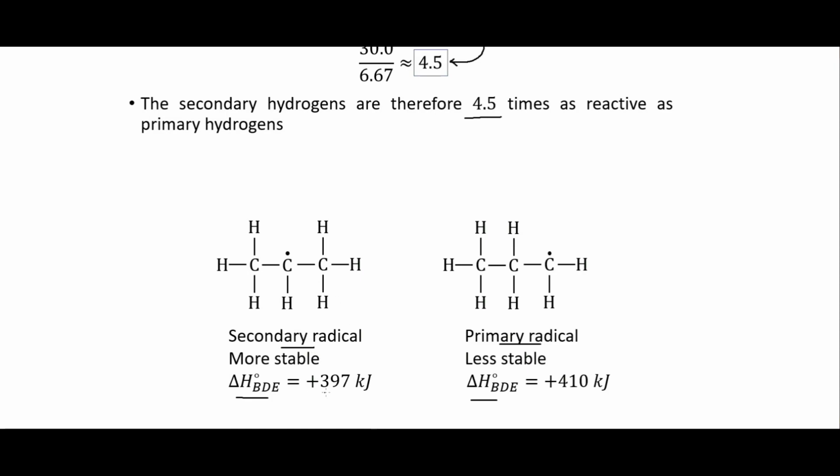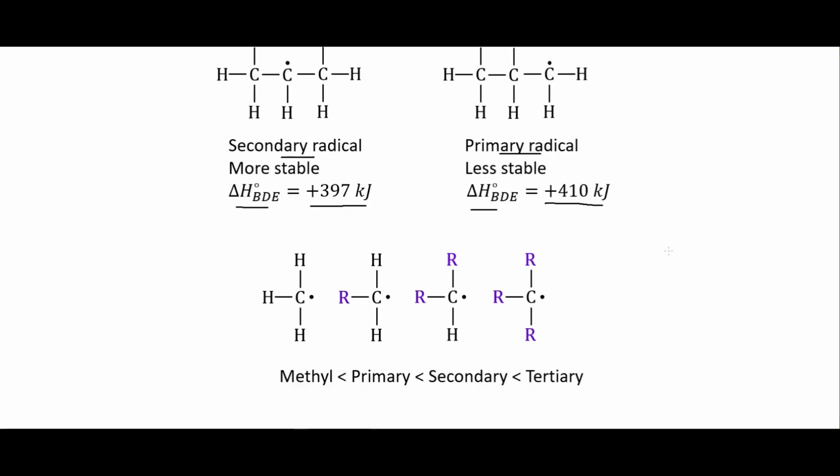So you need 397 kilojoules per mole to break the bond from the secondary carbon to a hydrogen, and you need 410 kilojoules per mole to break the primary carbon to hydrogen bond. And so it takes more energy to break the primary carbon to hydrogen bond than it does the secondary carbon to hydrogen bond.